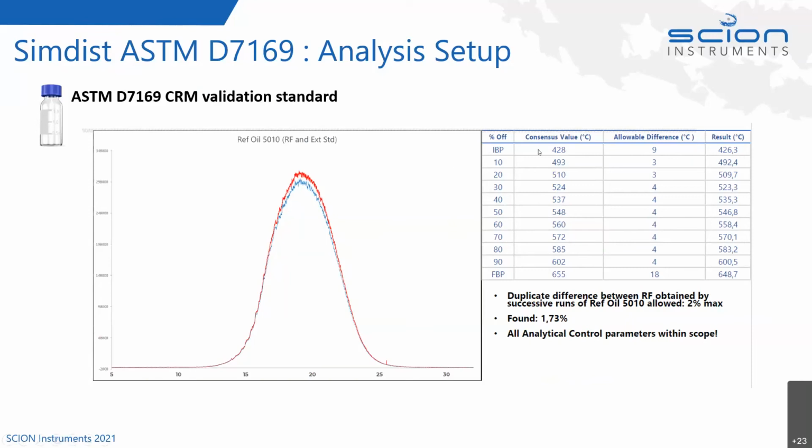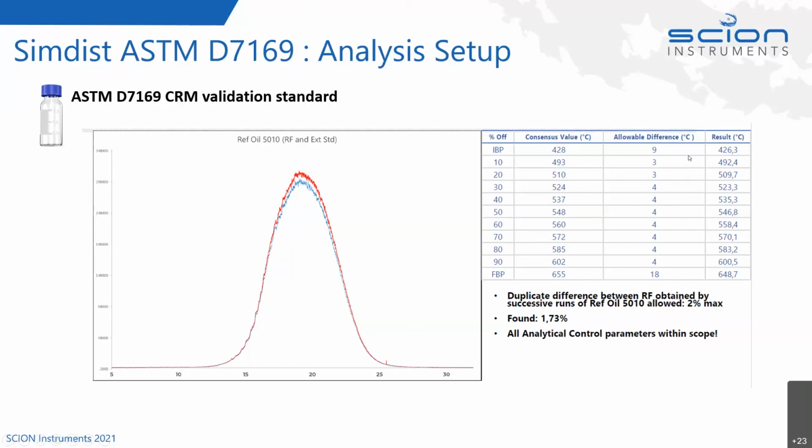In the table here on the right-hand side, we've got a column for the cut point, from the initial boiling point to the final boiling point in 10 degree steps. And then we have a consensus value for the cut point. The initial boiling point has a consensus value from the ASTM standard of 428 degrees Celsius. Our GC analysis calculated a result for the initial boiling point of 426.3 degrees Celsius.